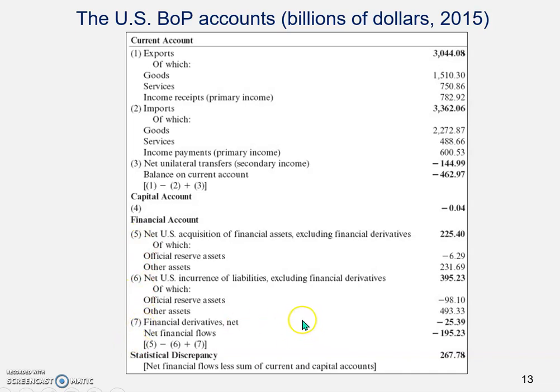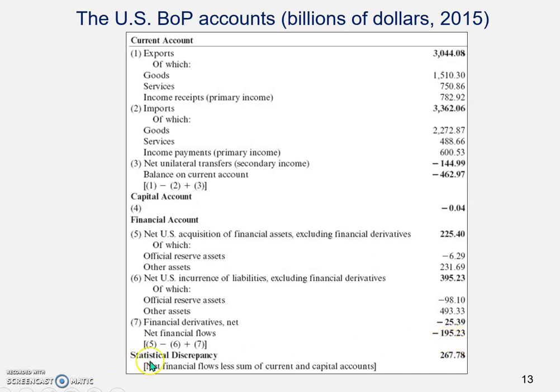Interestingly, here number 5 and number 7 are debits, and number 6 is a credit. So here you find the net financial flows is minus $195.23 billion. But the minus sign here, instead of what we discussed above where it shows the deficit, is actually the surplus. So the financial account in that year has a surplus of $195 billion.